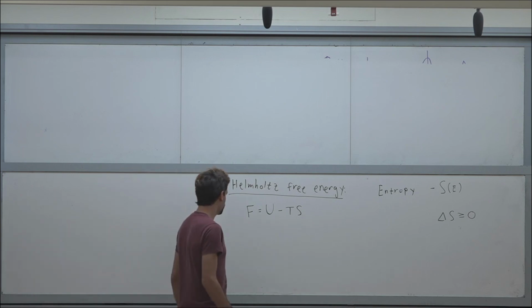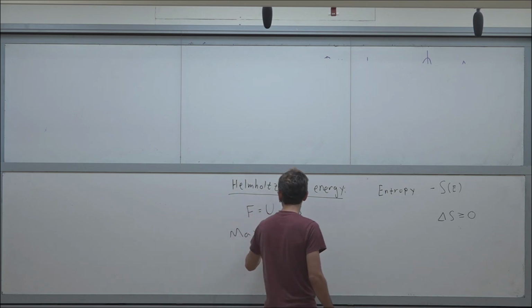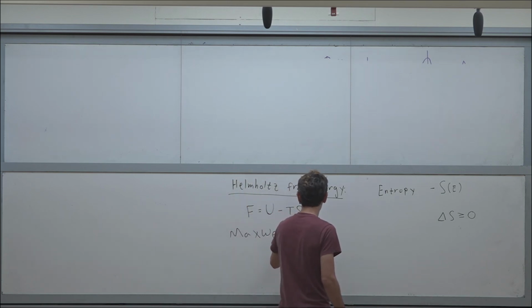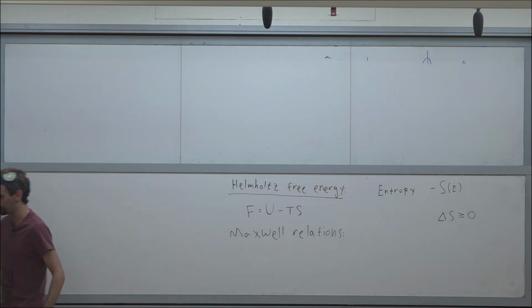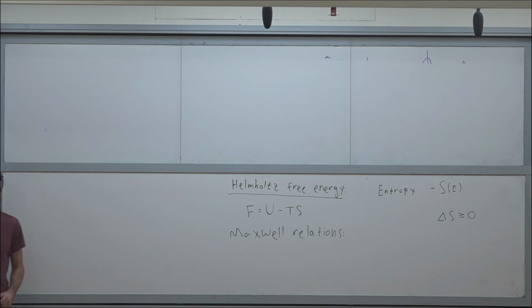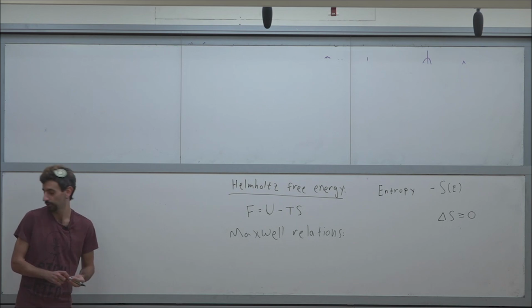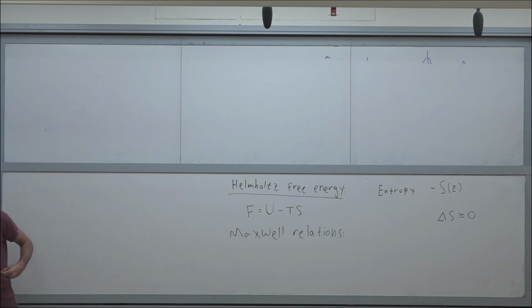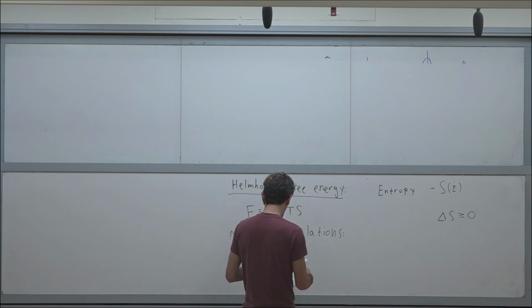And the last thing, we can have relations which are called Maxwell relations, which are relations between the different energies and thermodynamic parameters. You can see them on Wikipedia, you don't need to remember them. I never remember them. We'll write two relations just to see them.